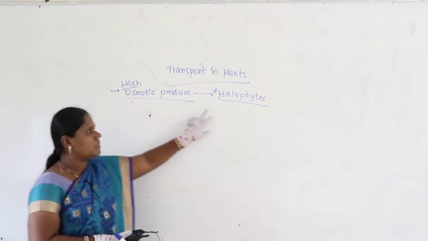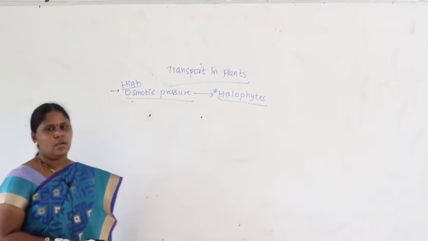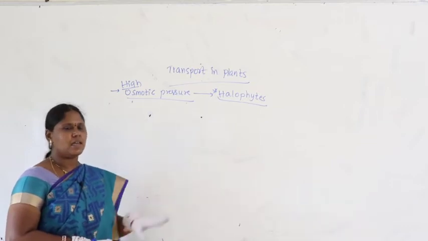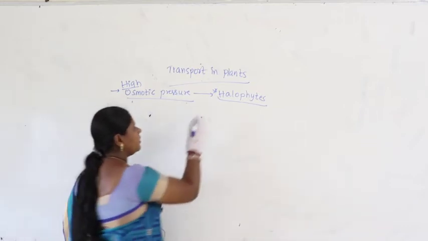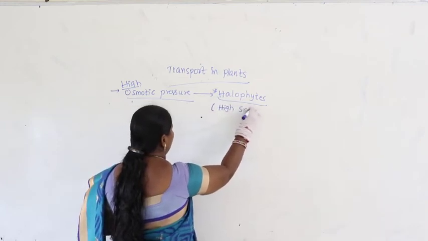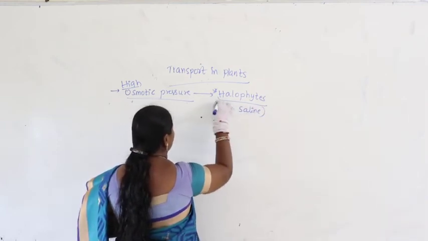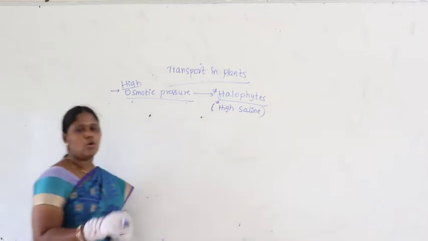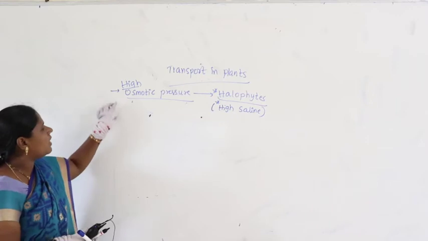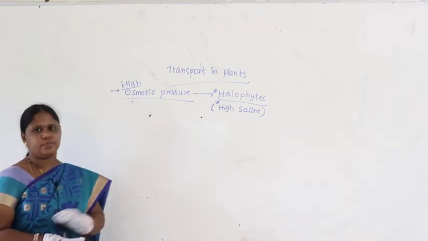We find it only in the case of halophytes. Halophytes are nothing but the plants which grow in highly saline soils, meaning high salt concentration. So these are the ones which contain high osmotic pressure.